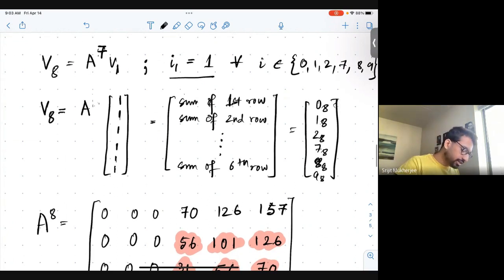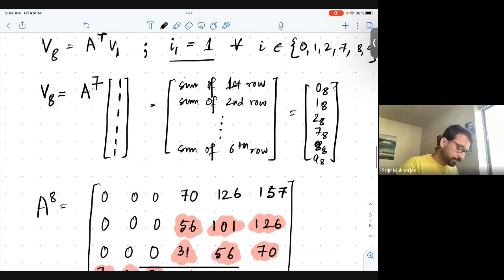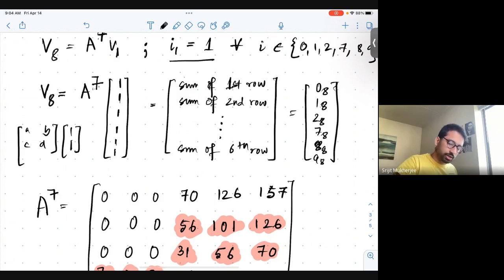And therefore V8 is nothing but A to the power 7 times this vector of all ones, which is nothing but the sum of the rows, right? Now, if you take any matrix, let's say A, B, C, D, and multiply it by 1, 1, the first element will be A plus B, and the second element is C plus D. So this is nothing but the sum of the elements of the first row, and this is the sum of the elements of the second row.